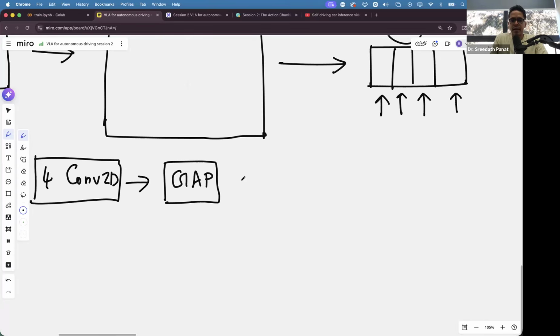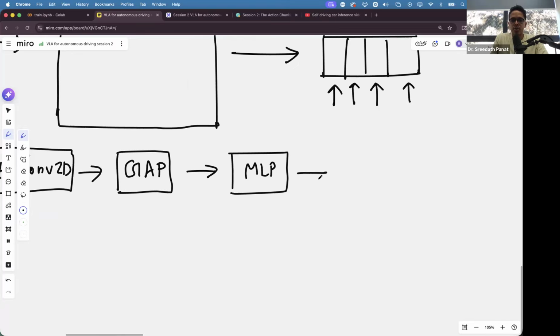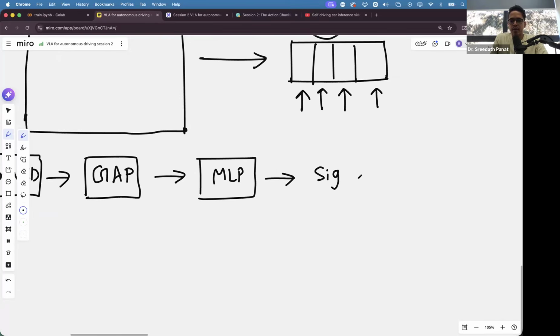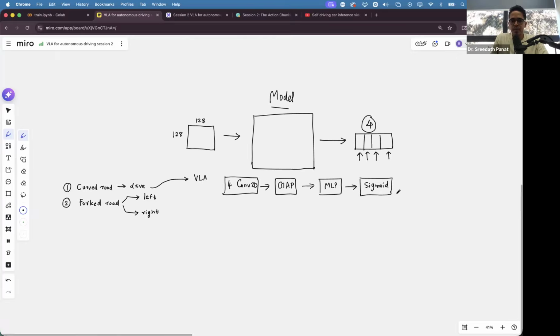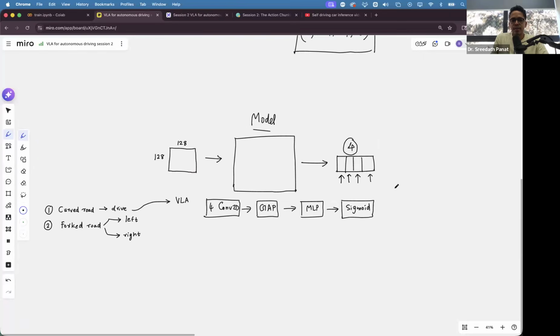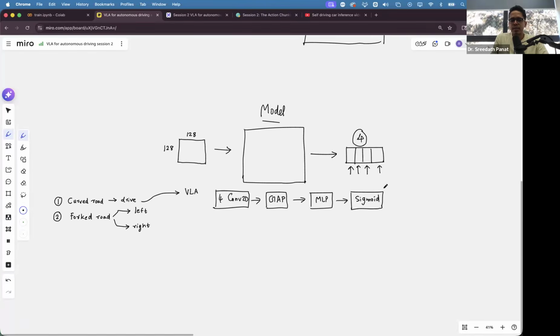Following this, you have a multi-layer perceptron, which projects the whole thing into 4 dimensions. Following this, you have sigmoid to convert into probabilities, right? Very simple architecture. All right. So this is the simplest architecture you can apply for the curved road.